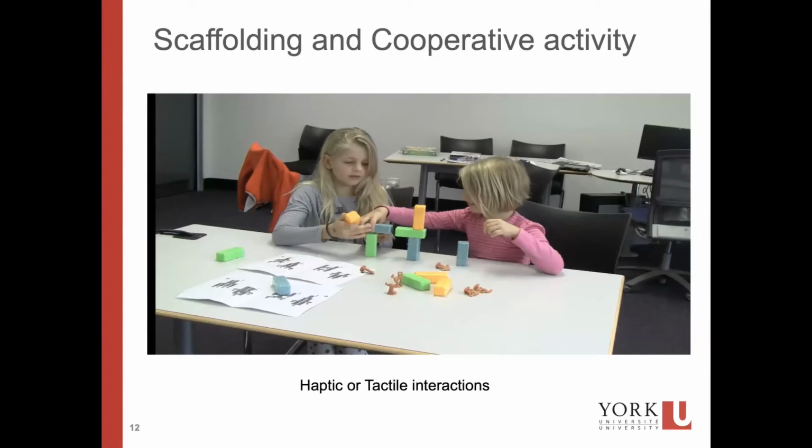But they're also using the help of the other person to keep the balance of the blocks. The social collaboration and scaffolding could go hand in hand. So in your haptic or tactile interactions or any gestural interactions, you should make sure that you have some form of scaffolding and cooperative activity.